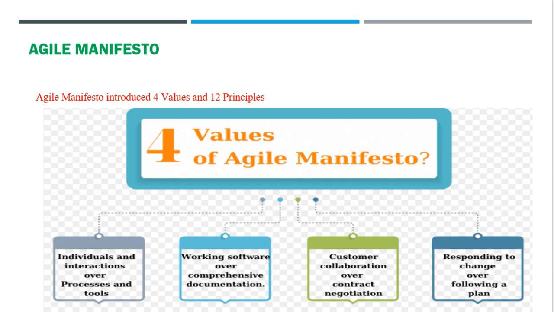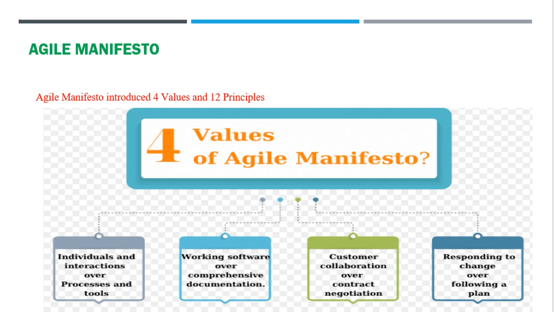For example, during a sprint, a developer might realize a feature can be implemented more efficiently than originally planned. Instead of sticking rigidly to the process, they discuss this idea with the team. Through open communication and collaboration, the team decides to adjust the plan, leading to a better outcome.